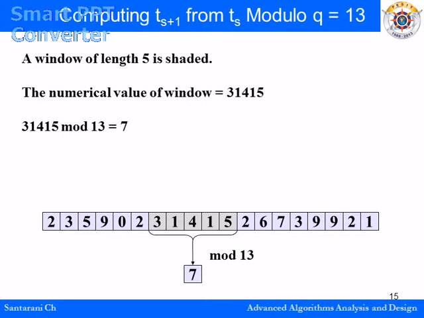For example, consider a window of length 5, that is 31415, and the numerical value of the window is 31415. Now consider the modulus q as 13. So 31415 mod 13 equals 7. Hence it reduces to 7. Thus we can use this to compute t_{s+1} from t_s effectively.